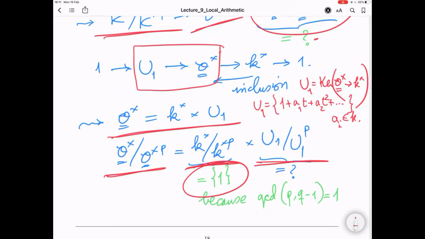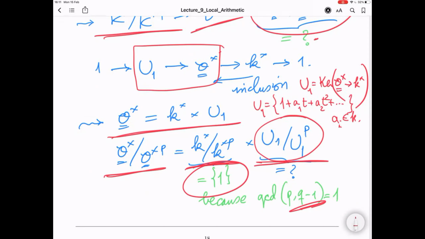Its order is q minus 1, which is of course prime to p because q is a power of p. So k star modulo pth powers is actually trivial. So finally, what we have to find out is what U1 modulo pth powers is. That's what we need to determine. Or basically, we have to find out what U1 is.